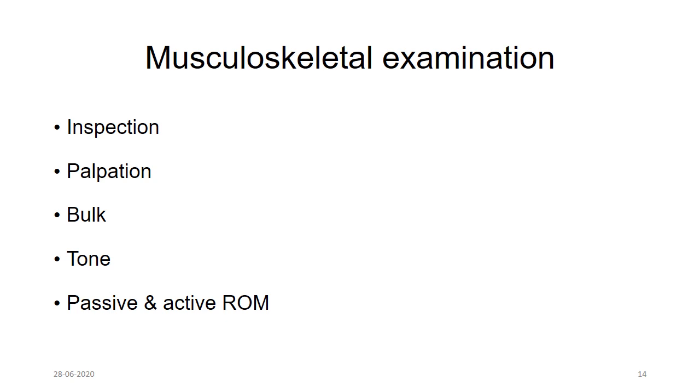Then, moving to musculoskeletal examination, in the inspection, we should look for any deformities like scoliosis, kyphosis, lordosis, joint deformities, swelling, scar, wasting of muscles, etc. In palpation, first we have to look for any local rise of temperature, tenderness, deformity, and wasting of muscles, etc. We should also assess the tone, whether it is spastic, hypotonic, or normal.